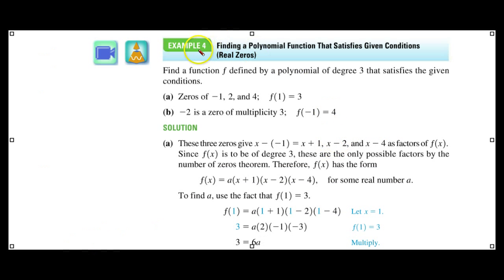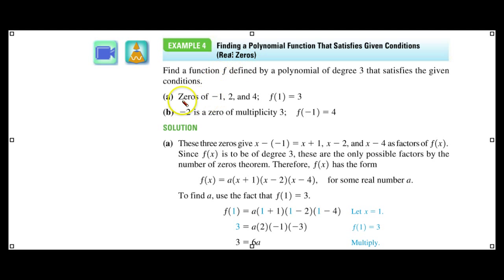Let's look now at example 4. Finding a polynomial function that satisfies given conditions, that is, the real zeros.